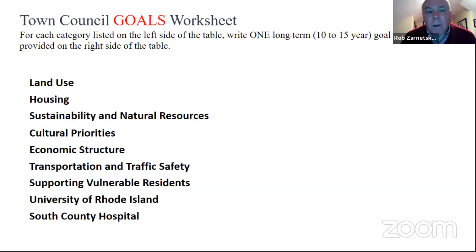Any objectives around South County Hospital? Getting the town farm property swap done? Is that an objective that we still have? I think so. Yeah. Okay.